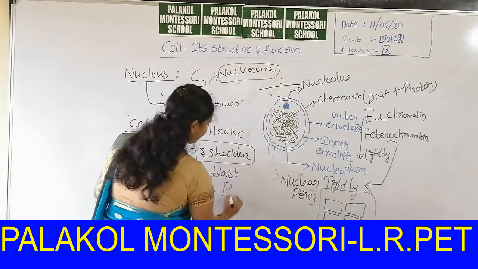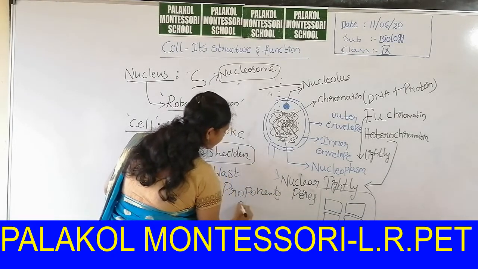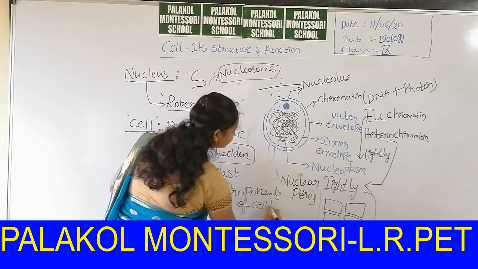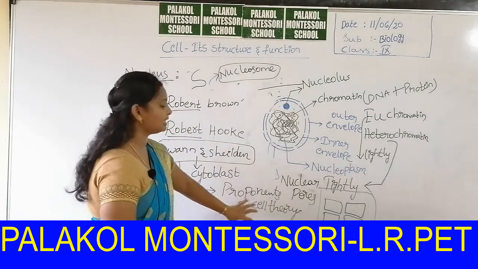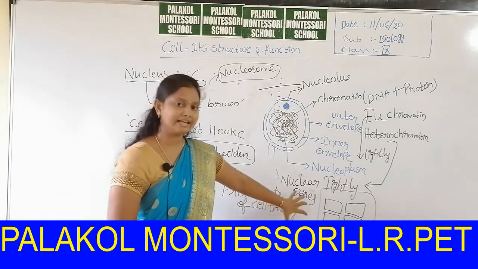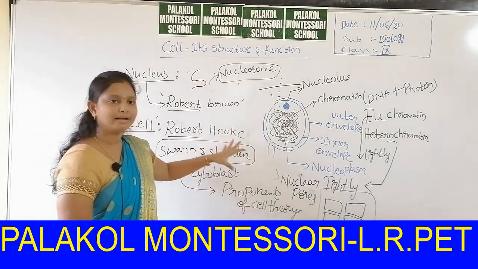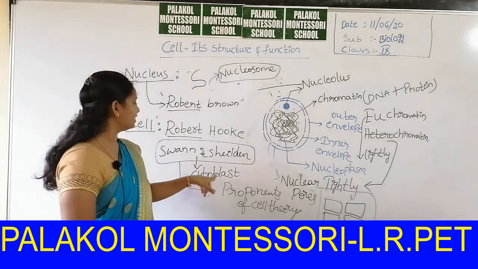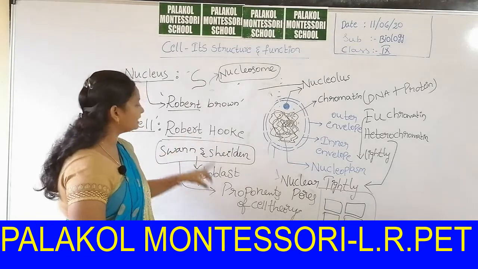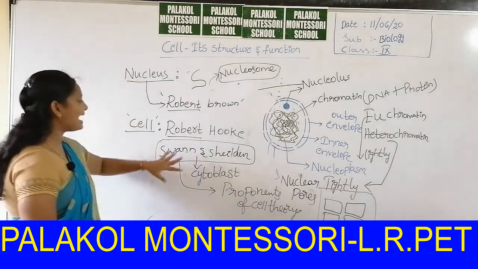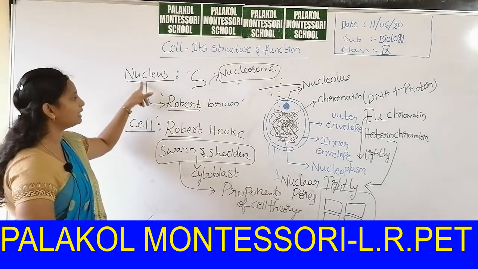These two scientists are the proponents of cell theory. The principles of cell theory will come later, at the end of the lesson. Here you need to remember that the name cytoblast was given by Schwann and Schleiden. Later Robert Brown coined the term nucleus.